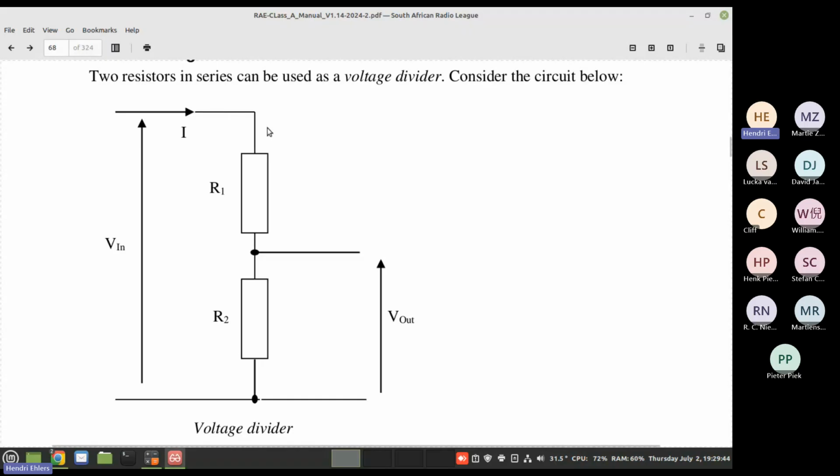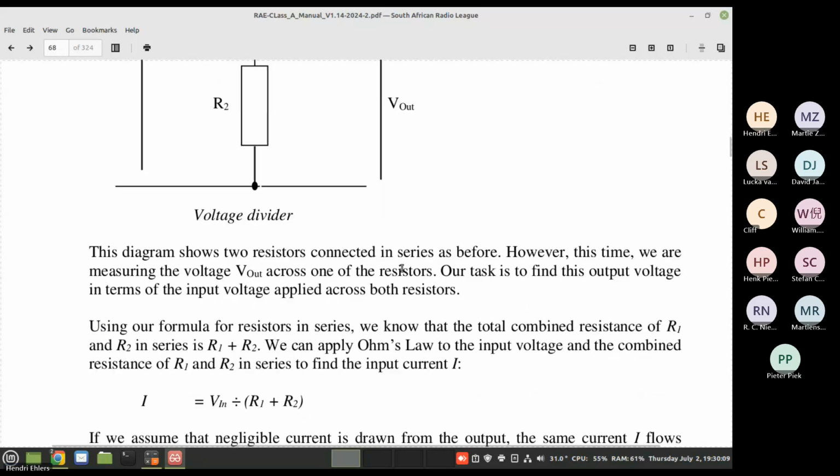You put the 10K variable resistor in here, and the center pin, the wiper, would then be your adjustable output. That just makes it a lot easier. So if it's set to exactly in the middle, it will give you half the supply voltage.